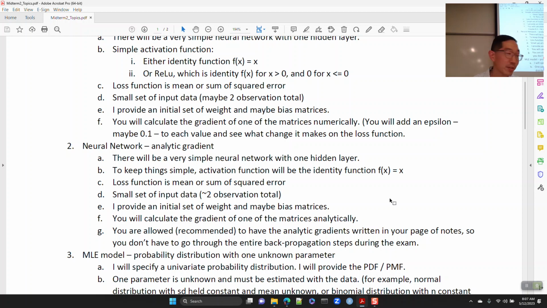I'll give you the initial set of weights and bias matrices if we include bias matrices, and then I will ask you what the gradient is. I guess dJ/dW. If it's the original loss function, it'll be like a factor times dJ/dW. Okay.